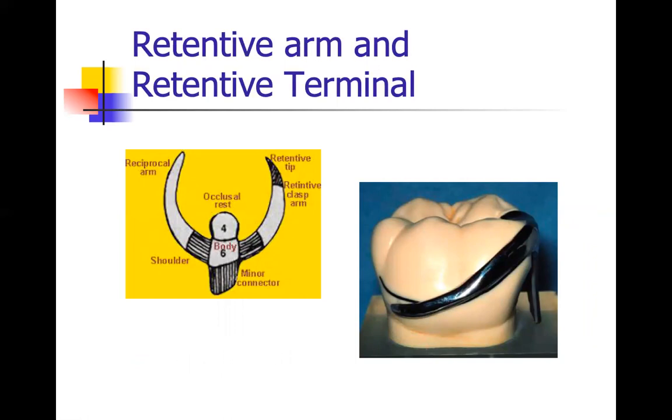The retentive arm is a segment of the removable partial denture which engages an undercut and is designed to retain the denture.